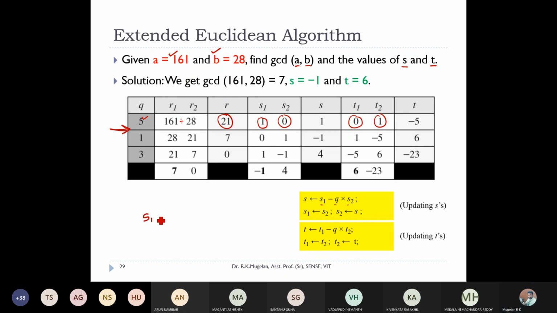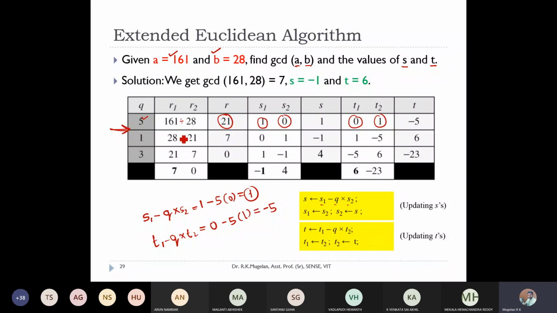S1 is 1, Q is 5, and S2 is 0, so I'll be getting the answer as 1. And T is nothing but T1 minus Q times T2. Here T1 is 0, Q is 5 and your T2 value is 1, so I'll be getting the value as minus 5.